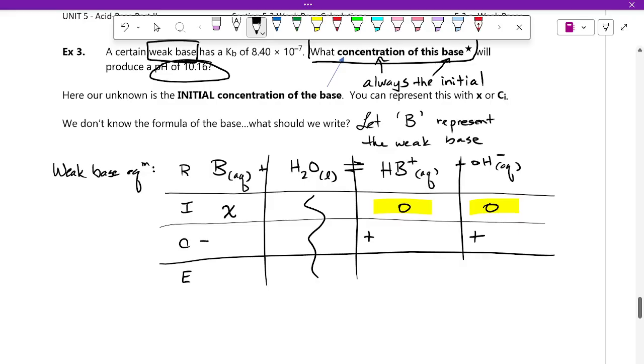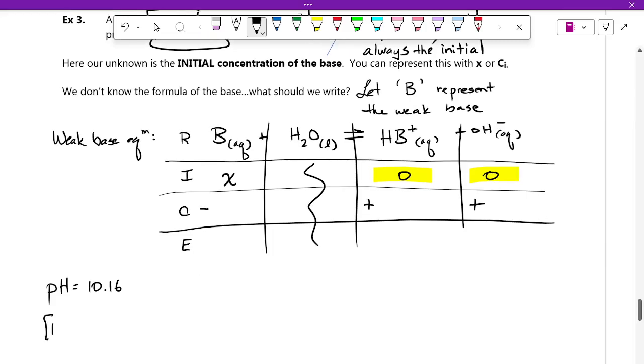I could take my pH of 10.16, and say that my concentration of hydrogen, you could do it the same way as the last one where you take pKw and subtract, but this one, I'm going to say is 10 to the negative pH, which is 10 to the negative 10.16, which is 6.92 times 10 to the negative 11.